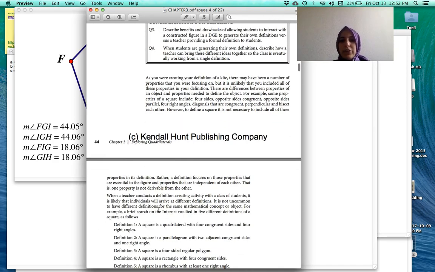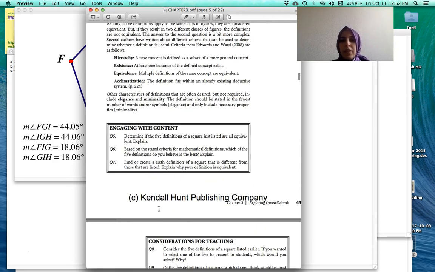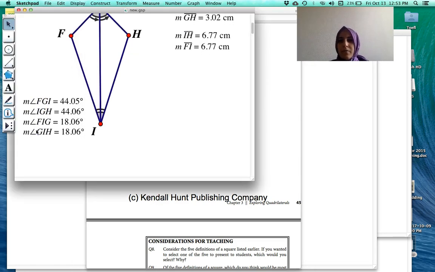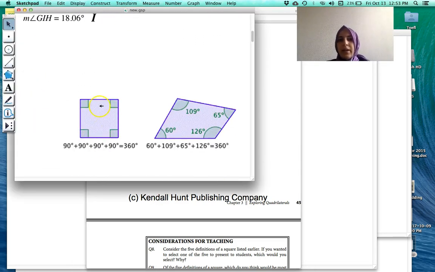Okay, question 5. Determine if the 5 definitions of a square just listed are all equivalent. Explain. Definition 1: a square is a quadrilateral with 4 congruent sides and 4 right angles. As you see, the sum of the interior angles of any quadrilateral is 360.